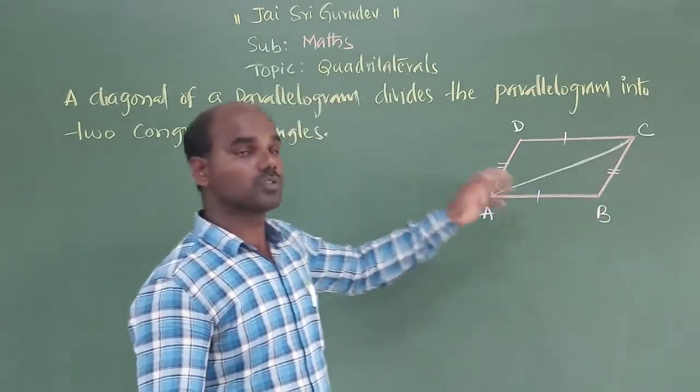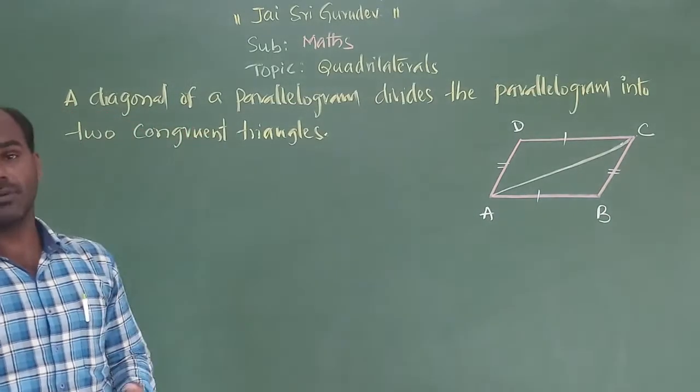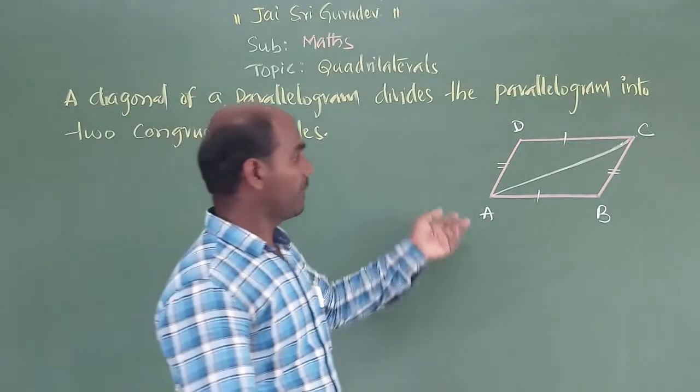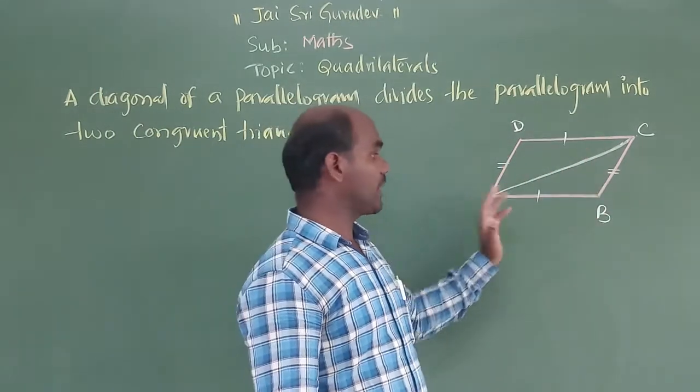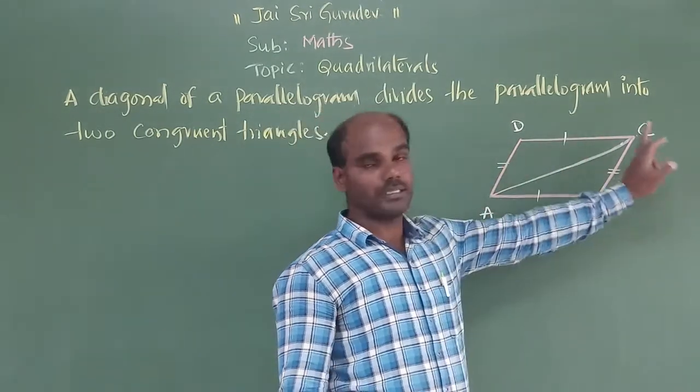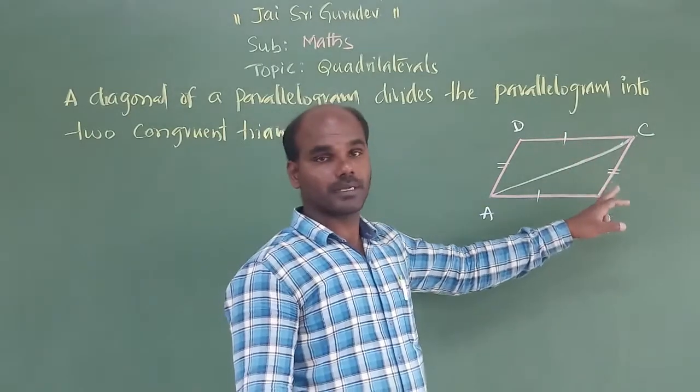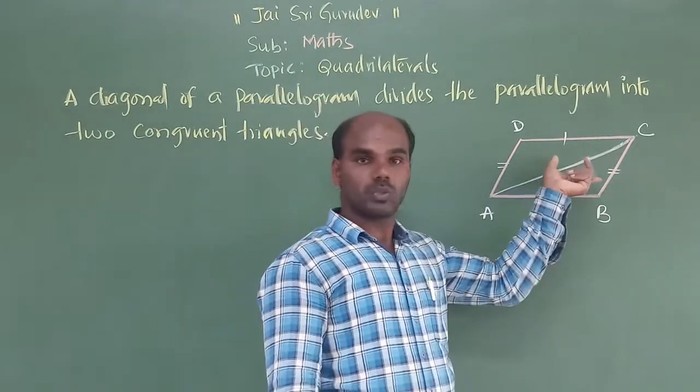Yes or no, children? So by which condition do we have to prove this? By observing this figure, ABCD is a parallelogram, and when you join one of the diagonals, it forms two triangles.